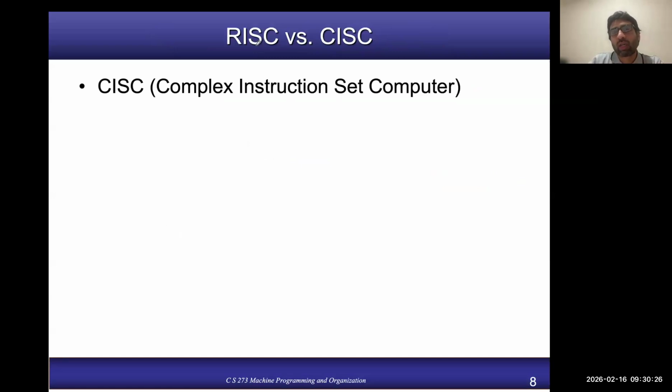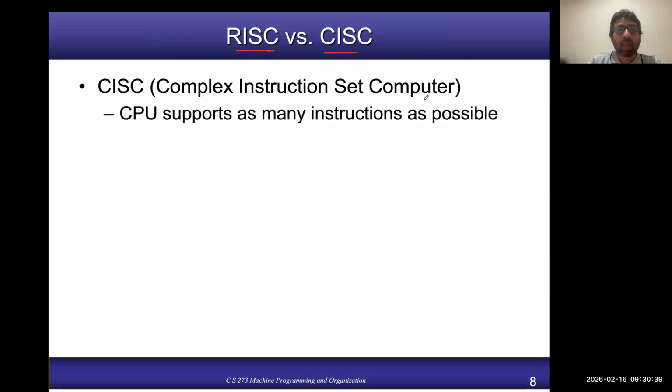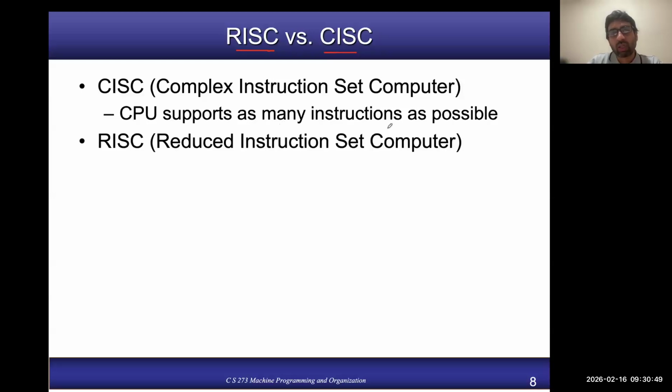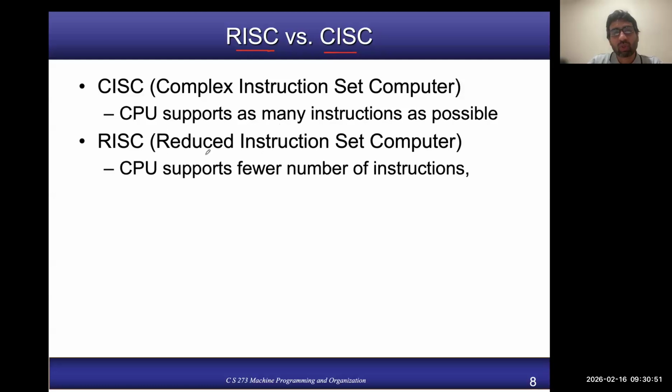So in contrast to RISC, we have CISC. CISC stands for complex instruction set computer, right? So I will explain, and you will then understand why we are naming it complex. In this design approach, the CPU, which is designed using the CISC approach, supports as many instructions as possible. On the other hand, RISC processors support a fewer number of instructions.